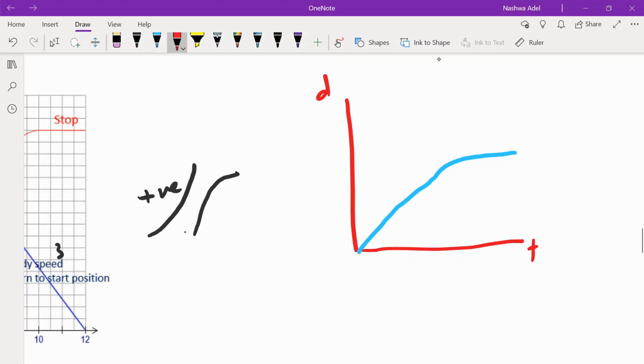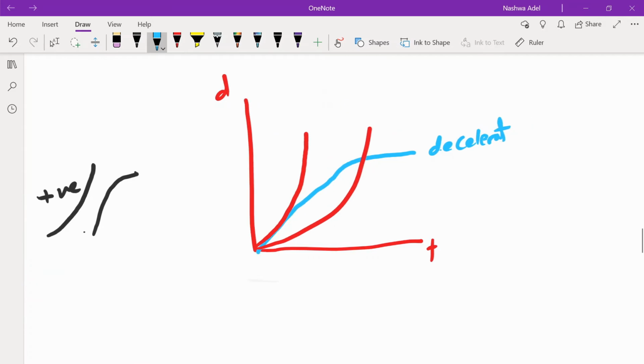While positive acceleration, the curve takes a shape like this, or like this. Okay, so this is deceleration, and these are acceleration.